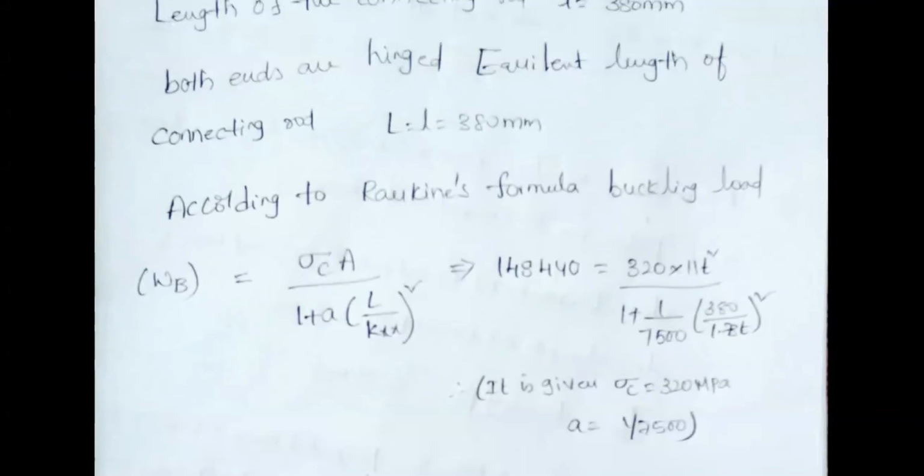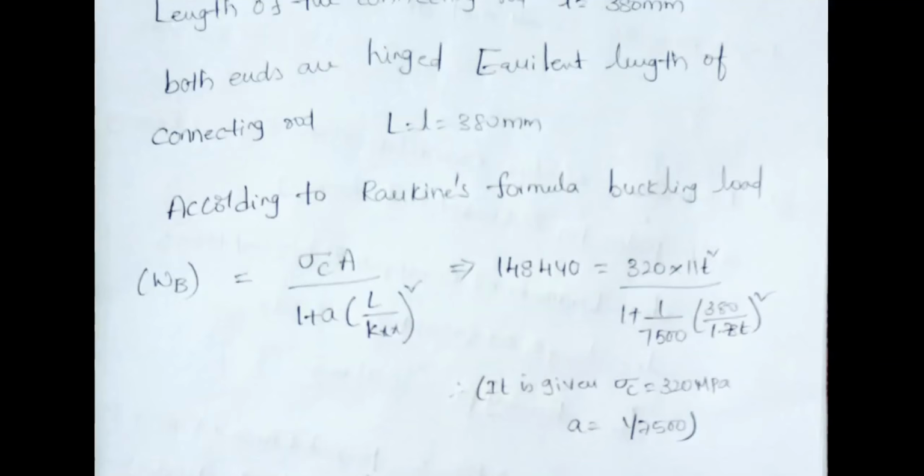So sigma C equal to 320 megapascal and the constant a equal to 1 by 7500. Please substitute in this relation, sigma C into A by 1 plus a into L by Kx square. I hope there is no doubt, because this is an already existing formula. I am simply applying Rankine's formula and substituting the values given in your problem.